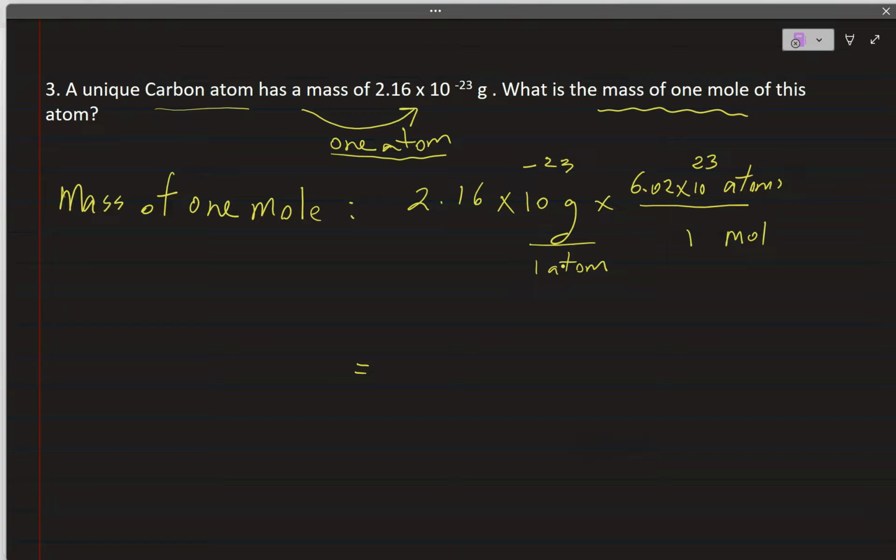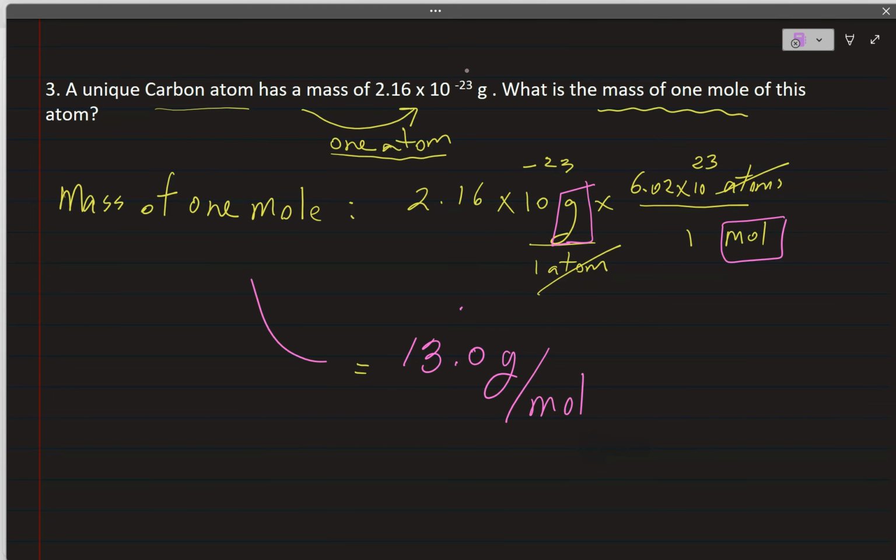So we can easily divide and look what's happening. Atom and atom cancel. What you will get is gram and mole. So gram per mole, and gram per mole is the molar mass. Do the math on that one. You will get 13.0 gram per mole, which is the molar mass.